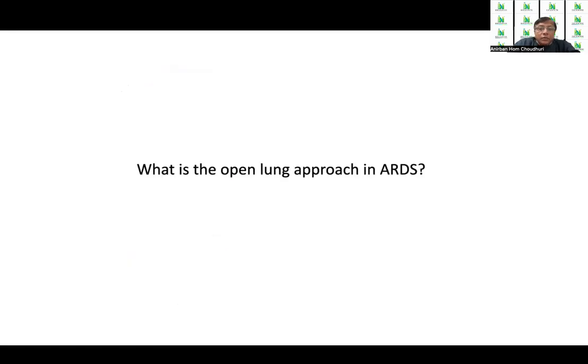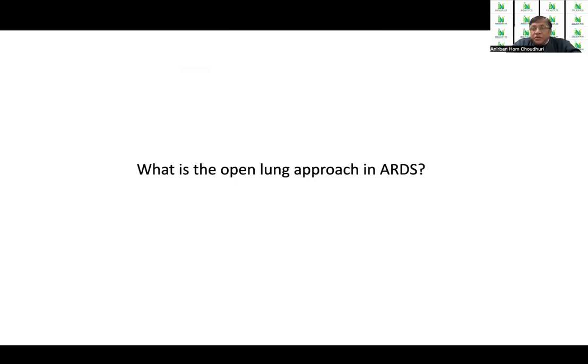In ARDS, why do we want to apply an open lung approach? Because of reduced compliance and clogged alveoli, it is even difficult to ensure that they open up within the time constant. This is even more aggravated, and even 5 time constants may not be adequate to open up all the alveoli. Therefore, it is important that we apply some PEEP.